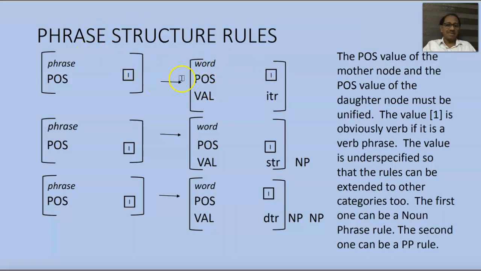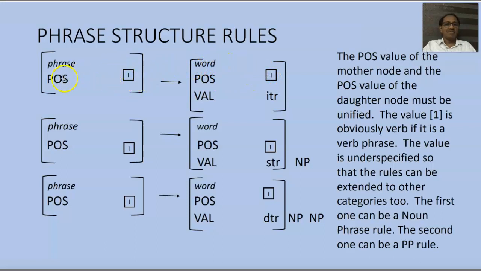The same thing happens here too, but the only difference is we are describing the phrase structure rules in terms of features. Now on the left hand side we find the type phrase with a parts of speech feature, which has the value shared with the value of the word on the right side.